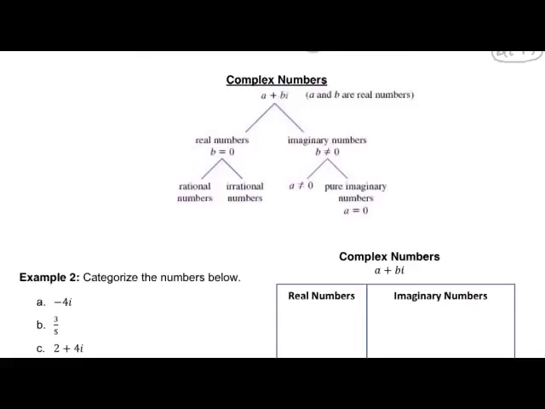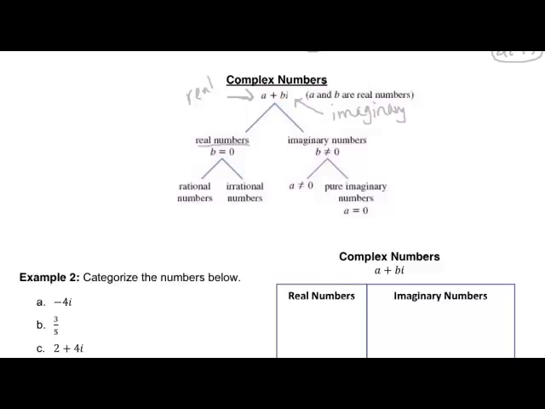So complex numbers are written in the form a plus bi, where a is the real part of the number, or any real number, and bi is the imaginary part. And a and b are real numbers. So on the left-hand side, if b is equal to 0, we have no imaginary part. So these would be our real numbers, which we talked about in chapter 1.